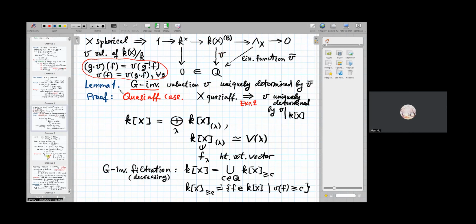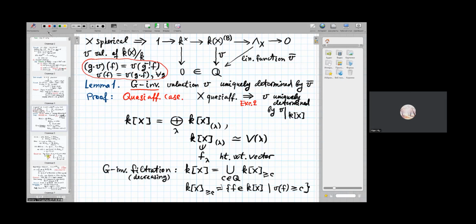And today I am claiming, so lemma 1 claims, that if you are given two different G invariant valuations, then we have two different V bars. In other words, V can be recovered from V bar.